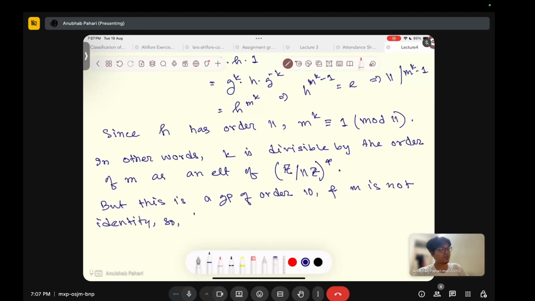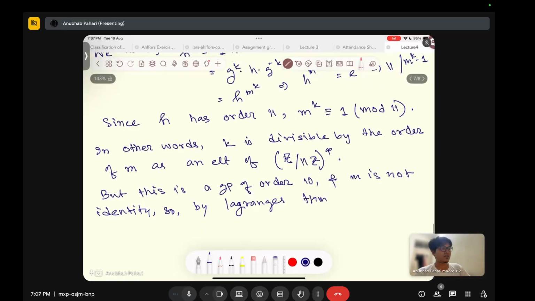So by Lagrange's theorem, the order of m is 2, 5 or 10.